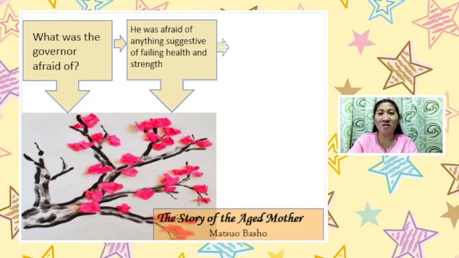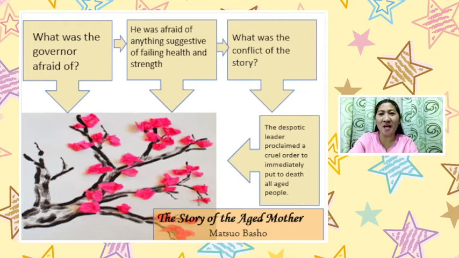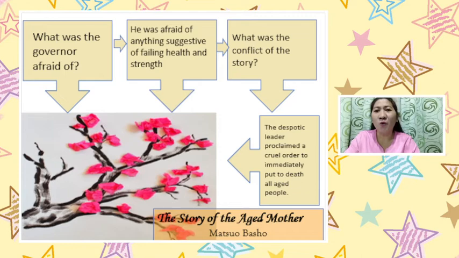So, what was the conflict in the story? The conflict of the story is that the despotic leader proclaimed a cruel order to immediately put to death all aged people. Those were considered as their barbarous days.